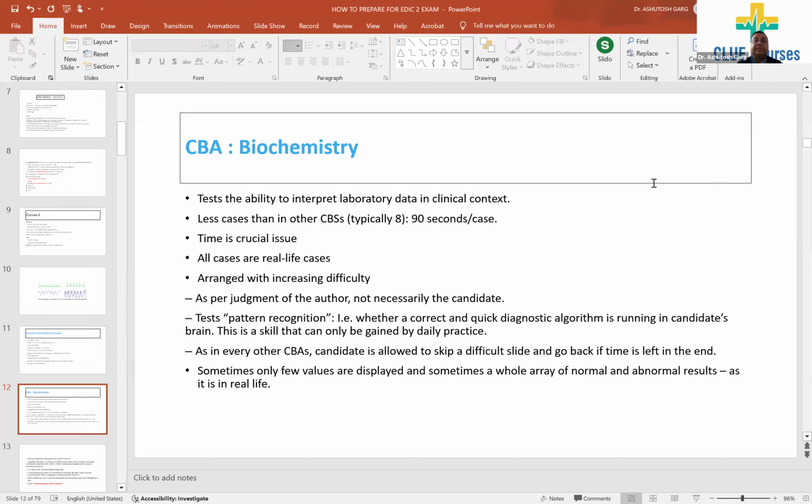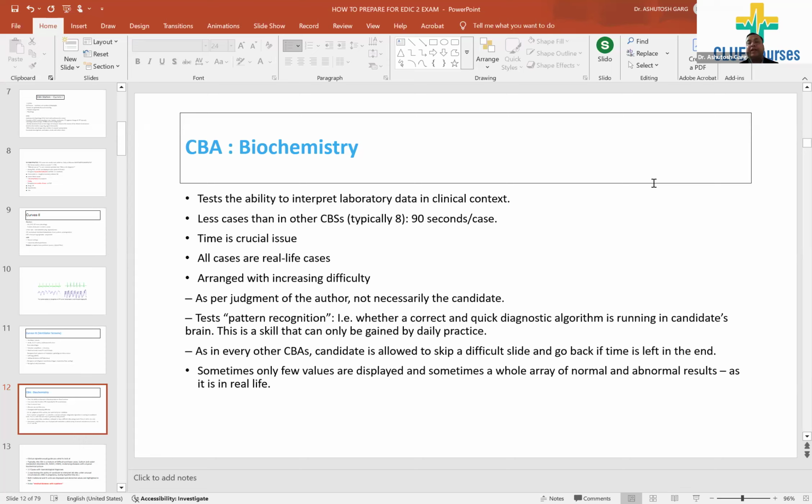Sometimes only a few values are displayed, and sometimes a whole array of normal and abnormal results, as it is in real life. So don't be surprised that in some questions very limited data is given to you, and in some cases a very large amount of data is given to you, whether relevant or not. So be ready for that.